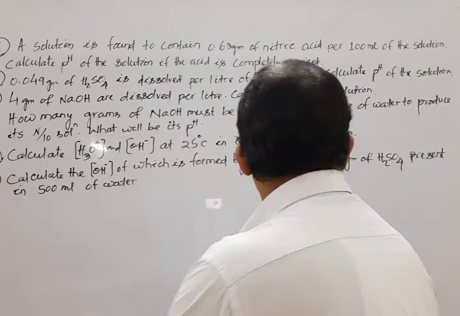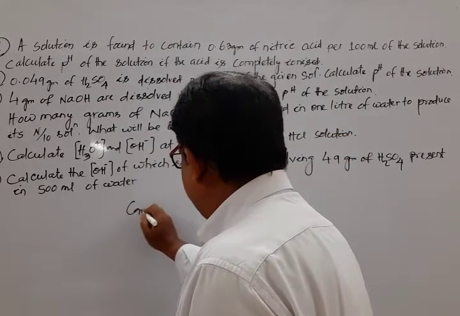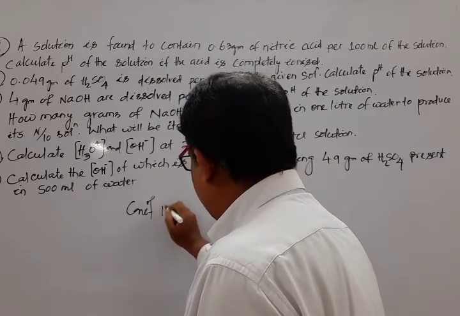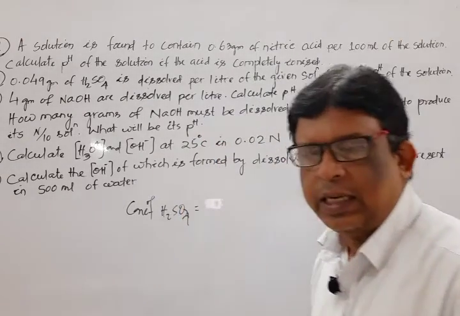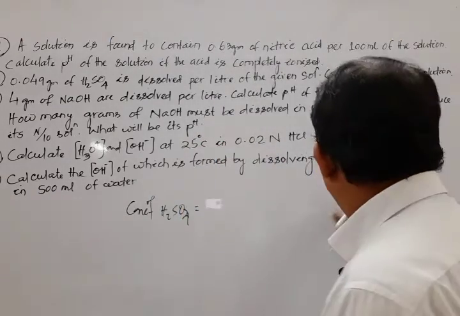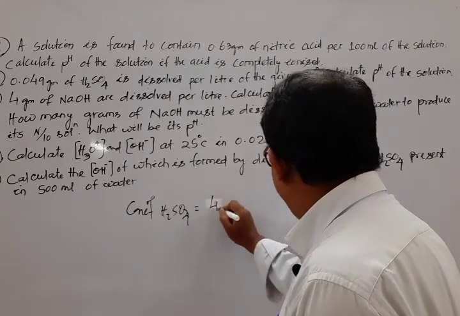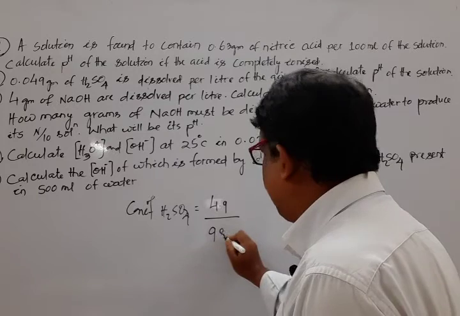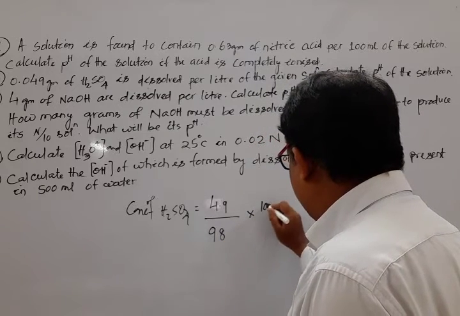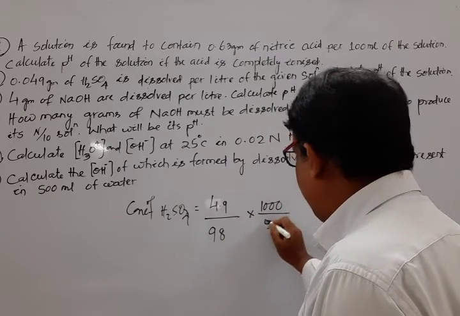Mark that. Given the concentration of sulfuric acid, same principle is there, that is C is equal to N by V. Mark that. W by M, that is 4.9 by molecular mass 98, into 1000 by 500.